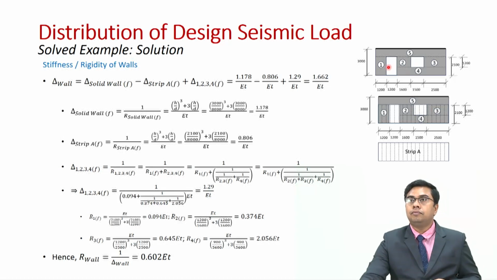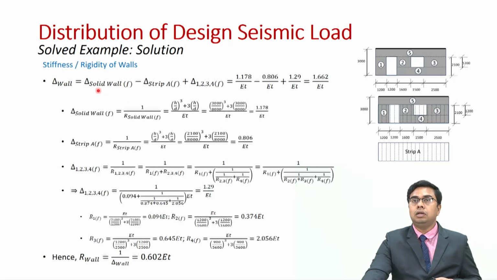So what we are doing now is that from this solid wall we are removing this strip A. Strip A is this very strip which I have highlighted using vertical dashed lines throughout. Again this is a solid strip, so we are removing it.